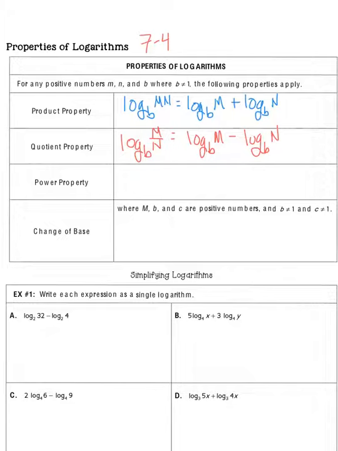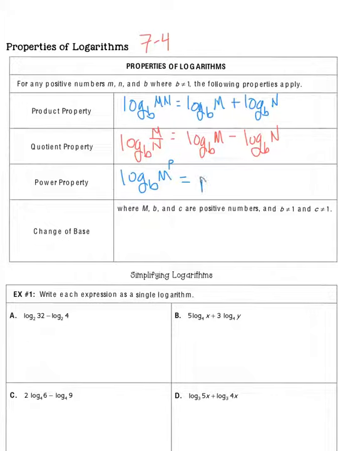Then we have the power property, and it says that if I have the log of some base b, and I'm taking the log of something that is raised to a power, so I'm going to call that power p, then you can take this power right here and loop it in front of the log and multiply it to that log.